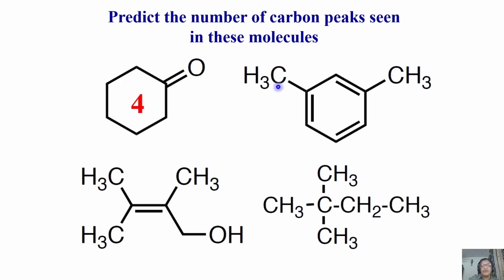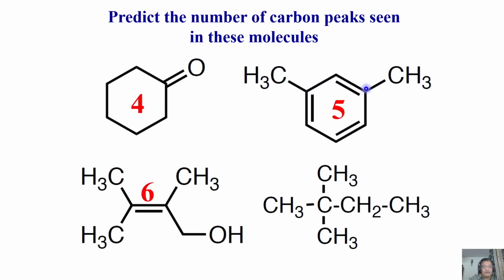Now count for this. 1, this is equal, these 2 are equal, 1 peak, this is different, 2, these 2 are equivalent, 3, this one, 4. Where is the 5th one? This one: 1, 2, 3, 4, and 5. Okay, you have to count this ipso carbon, the quaternary carbon, also.